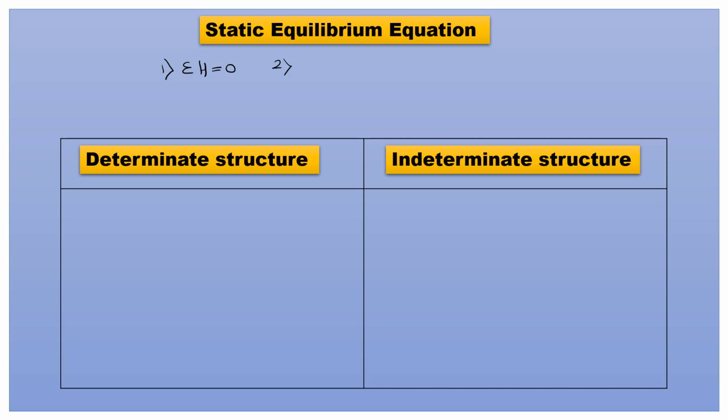Second, summation of vertical forces equals 0. And third, summation of moments equals 0. On the basis of these static equilibrium equations, there are two kinds of structure: determinate structure and indeterminate structure.